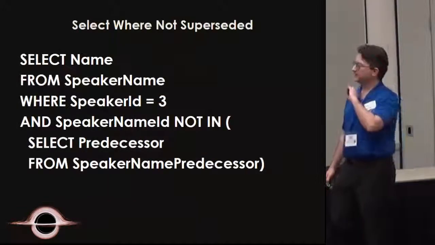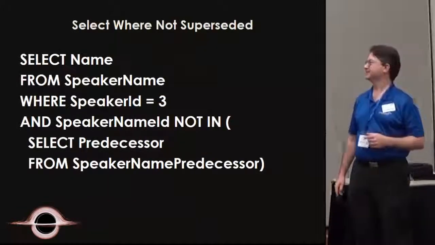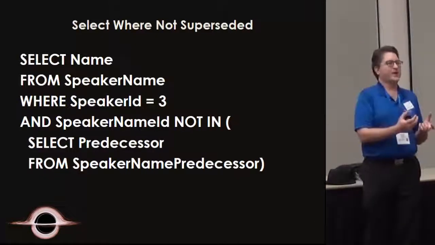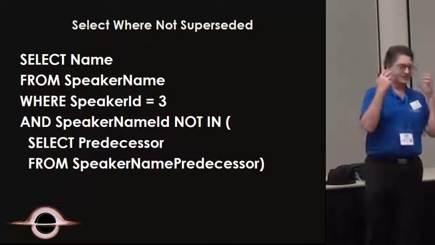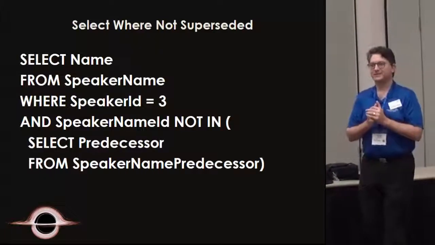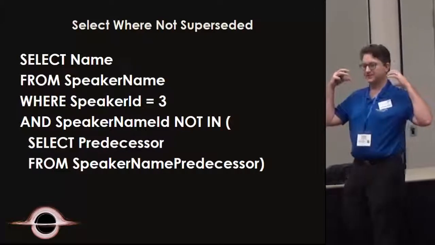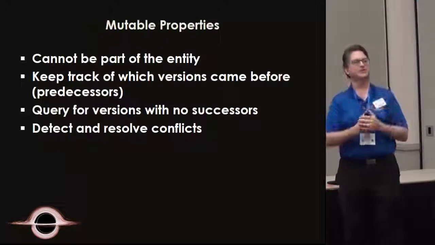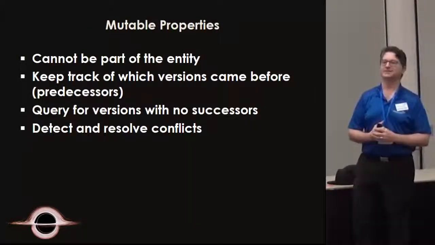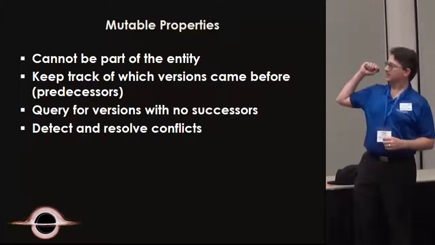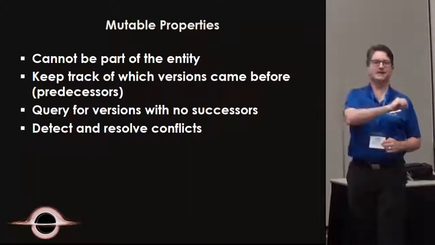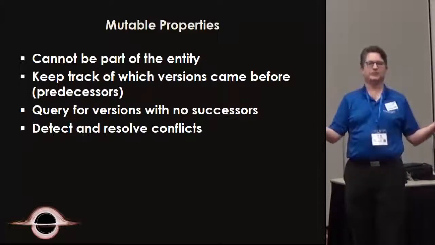So you're selecting where it's not superseded, there's not a successor. So this is how you would capture mutable properties inside of a historical model. And it's a bit complicated, but this is building on top of the patterns that we saw for things like deletion and for things like identity. So the mutable property itself cannot be part of the fact, because that would require you to do an update.